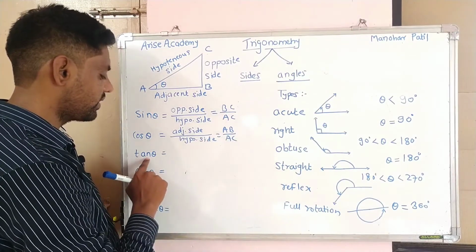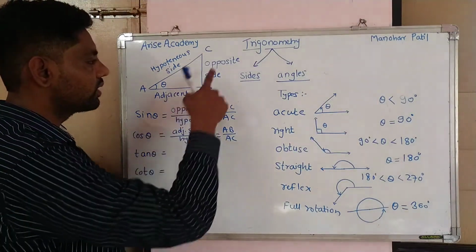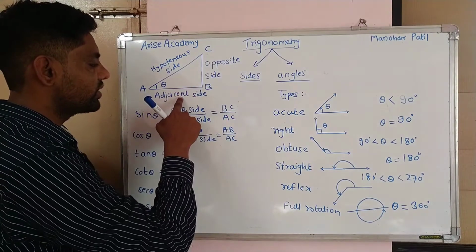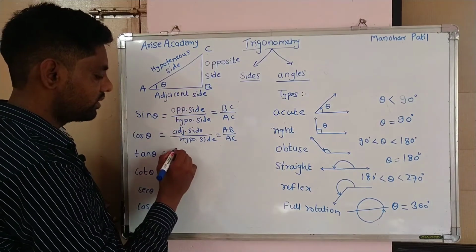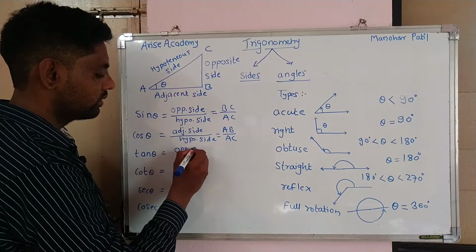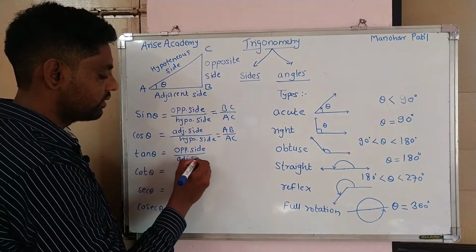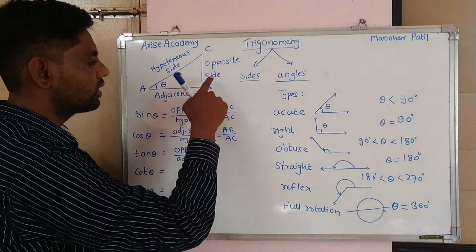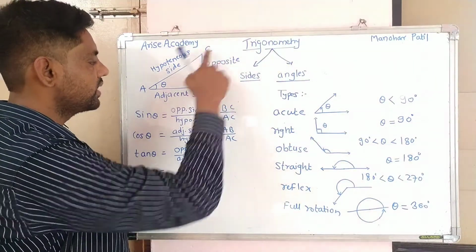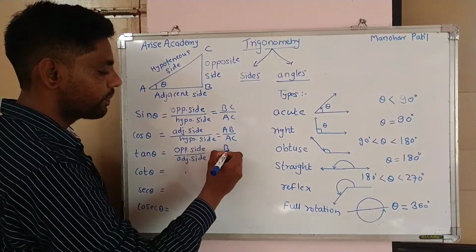Next, tan theta. Tan theta is nothing but opposite side upon adjacent side, so opposite side BC upon AB.